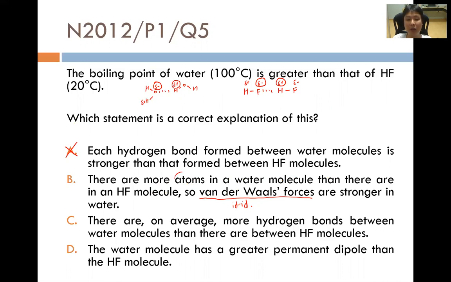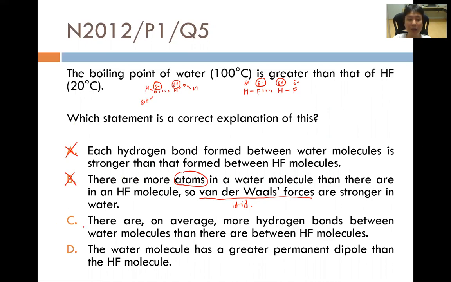It doesn't depend on the number of atoms, because if you have a molecule that has many hydrogens, and hydrogen only has one electron, it will not have a lot of electrons, and the instantaneous dipole effect will not be that great. It is the number of electrons that is important in deciding how strong the ID-ID interactions are, and not the number of atoms. So this is also not a correct answer.